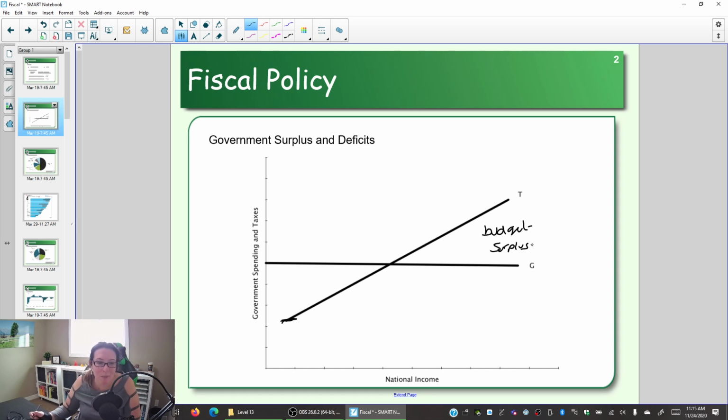And when the income in our economy is lower, so collectively our gross domestic product, the total value we make, and then the equal amount that we earn, national income, is lower, then government spending hasn't really changed unless they change their policy, in which case we're shifting up and down. But because we're making less income, we are paying less in taxes and we're more likely to have a budget deficit.